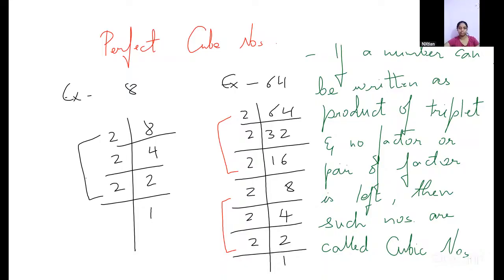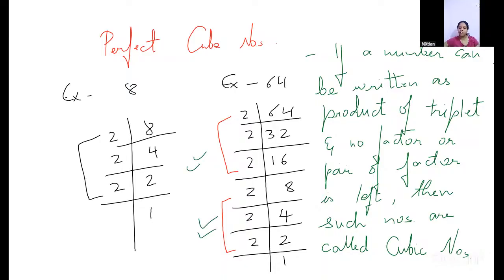Ma'am, I have a question. Yes, Nathaniel. For a number to be a perfect cube, does it have to have two pairs of three? No, not necessarily two pairs of three, but it has to have triplets. The groups of three are known as triplets.